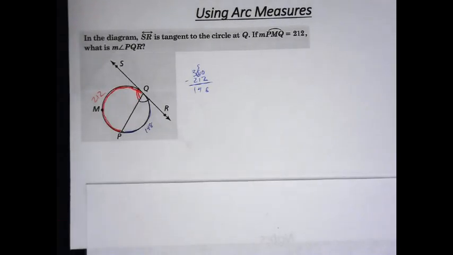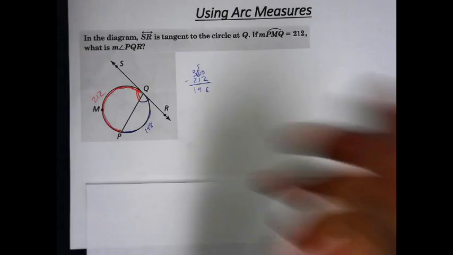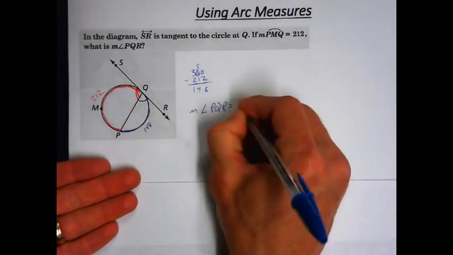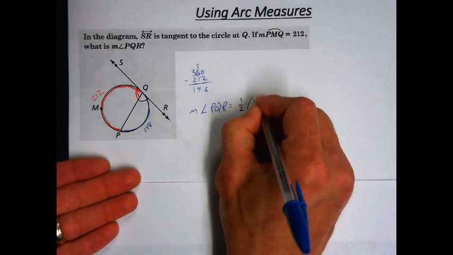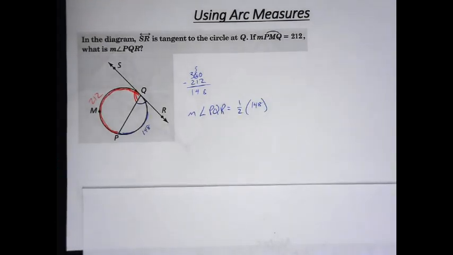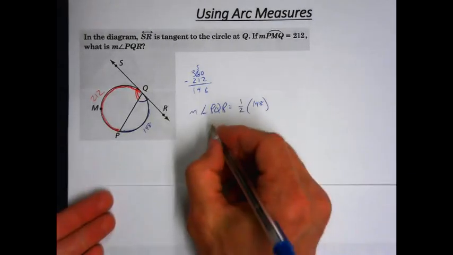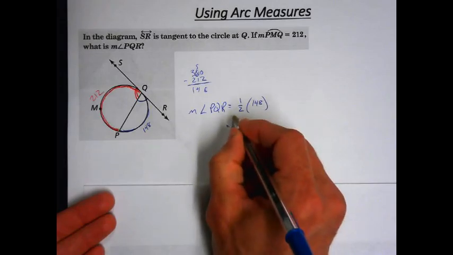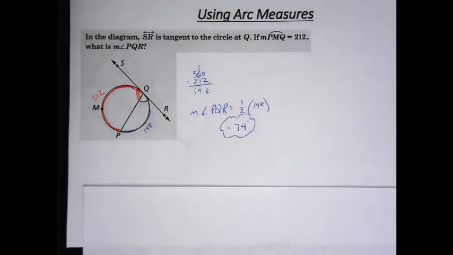We know that the angle is half the arc, so the measure of angle PQR is half the arc it intersects. That leaves us with the measure of PQR at 74 degrees.